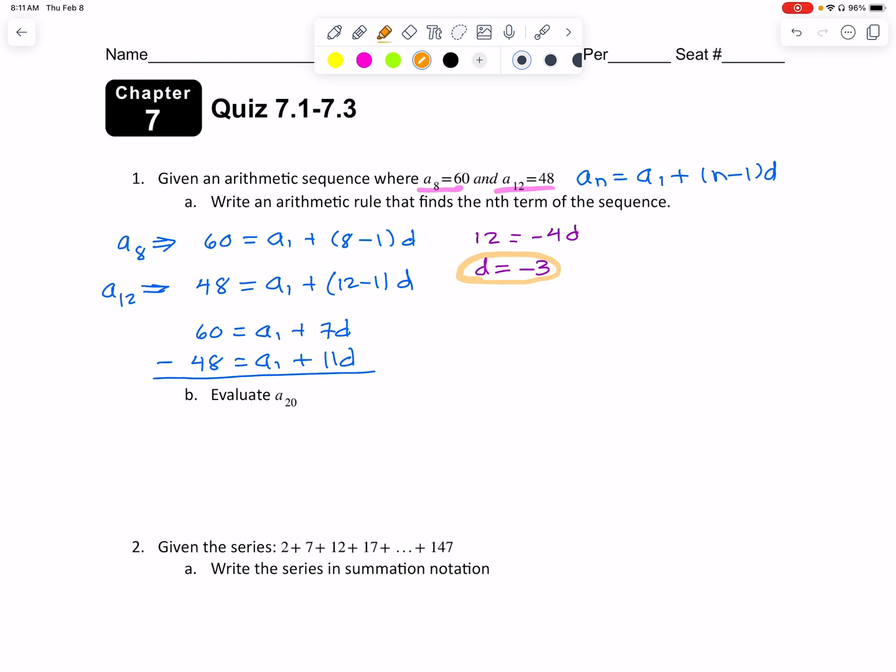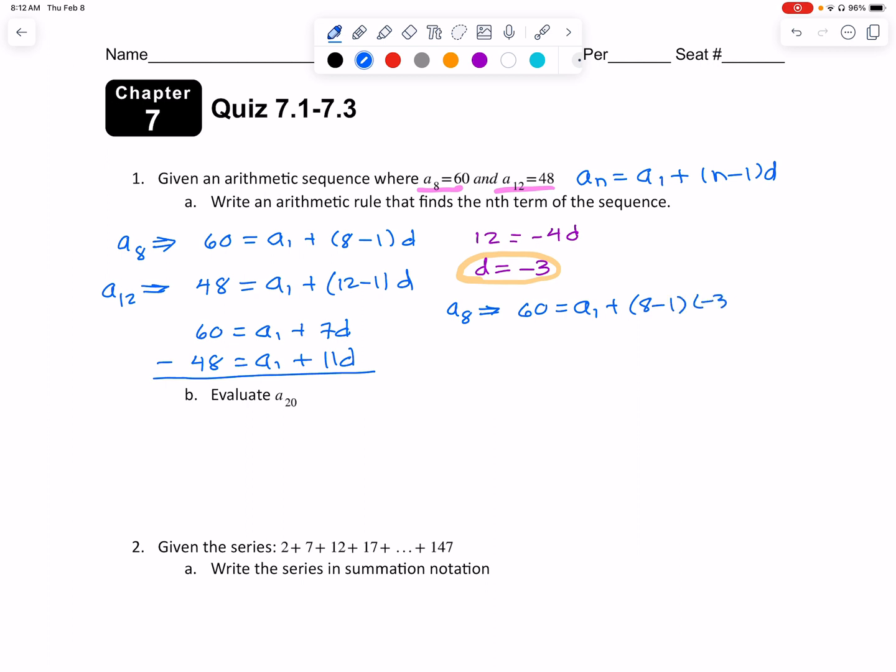So I'm going to grab one of my original equations. I'm going to go back to that 8th term. So for our 8th term, what we said was 60 equals our first term, which we still don't know, plus n minus 1 times d. n in this case is 8, so 8 minus 1 times d.